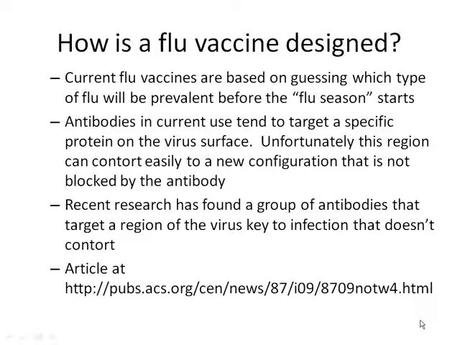If instead you could discover an area of the flu virus that's conserved across varieties and design an antibody to interact with that, then you'd be in pretty good position. It turns out that the elbow-wrist area, which doesn't contort easily, is also conserved across different varieties of avian flu.